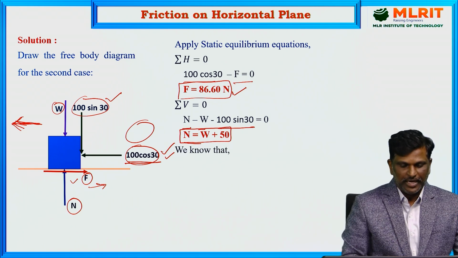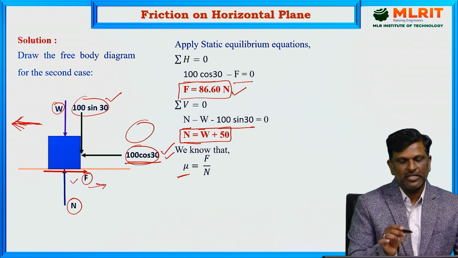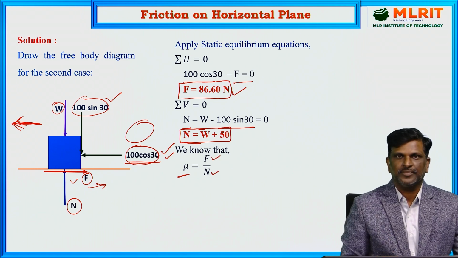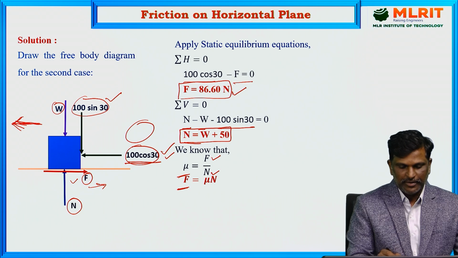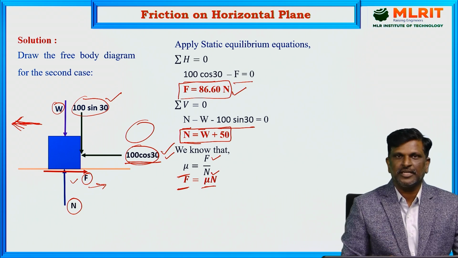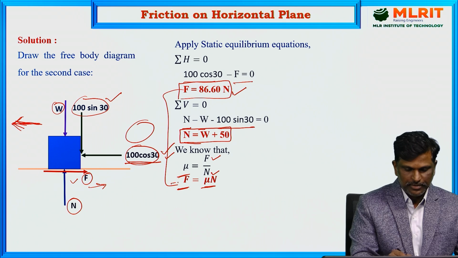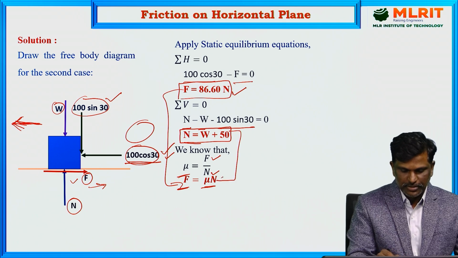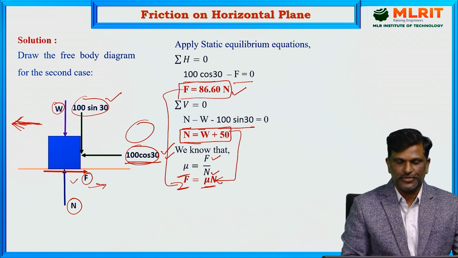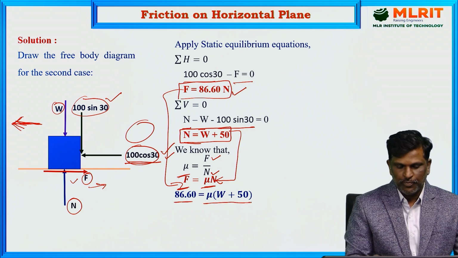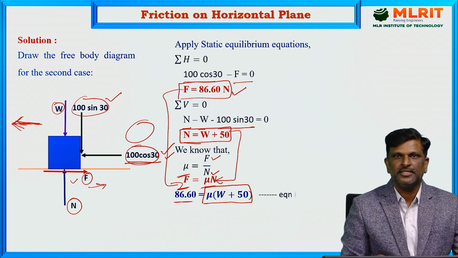Already we know that mu, the coefficient of friction, is friction divided by normal reaction, and friction is given by mu into normal reaction. Now substitute the values of friction and normal reaction into the equation. 86.60 is equal to mu into W plus 50. This is equation number 2.